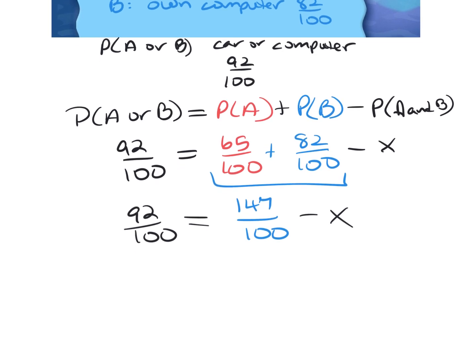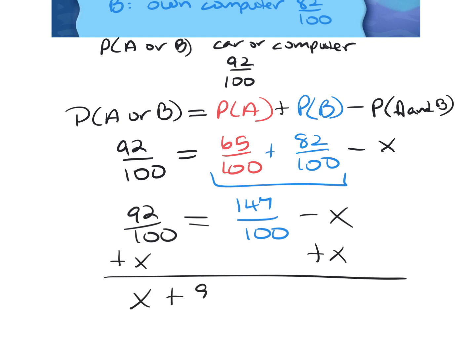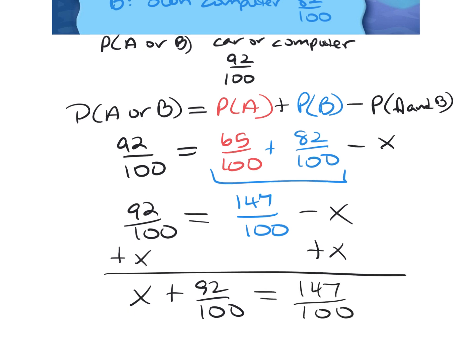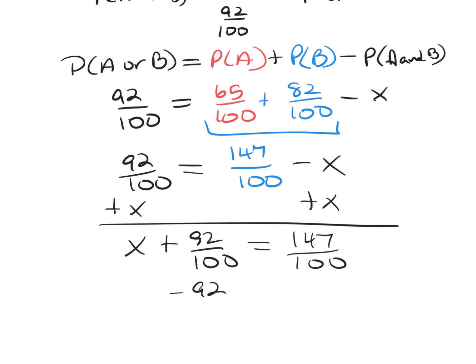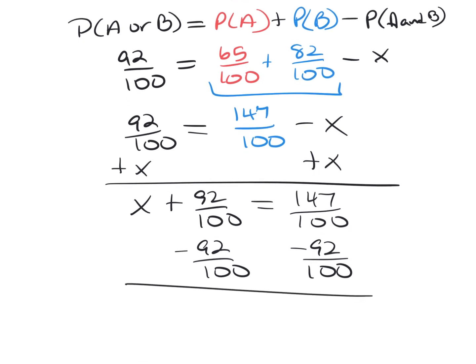And then subtract the 92. It really doesn't matter. Let's add the X. You could have just subtracted the 147. Either way, so then it gives me this equals the 147 over 100. And now subtract the 92 over 100. And now I end up with X is equal to 55 over 100.